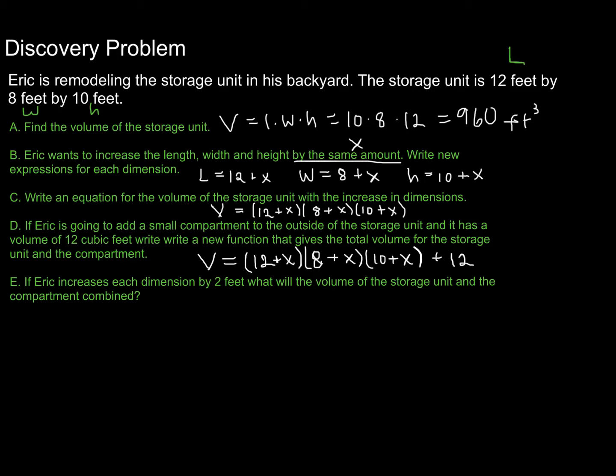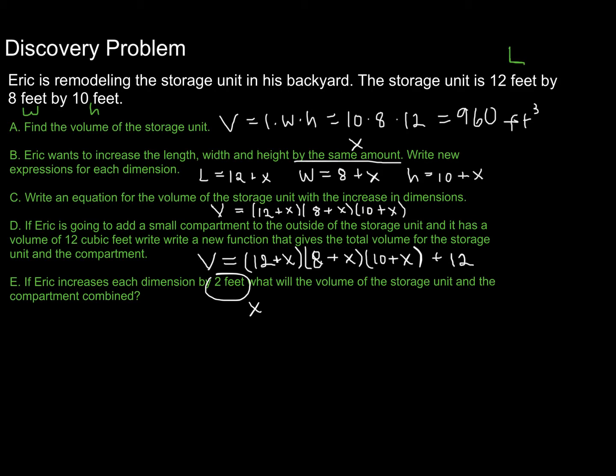All right. So now the question says, if Eric increases each dimension by 2 feet, what will the volume of the storage unit and the compartment combined be? Well, what is this 2 feet? This is the value of x, right? The amount that you're adding on.